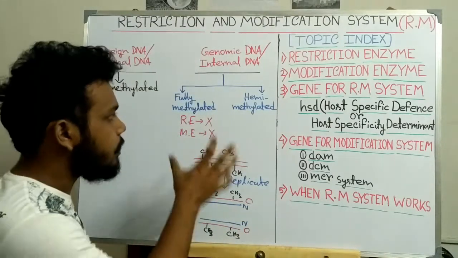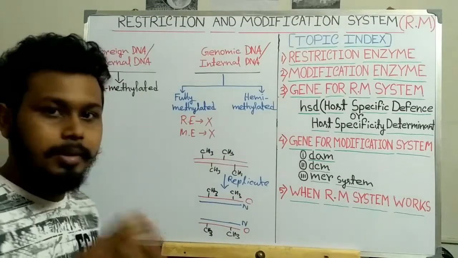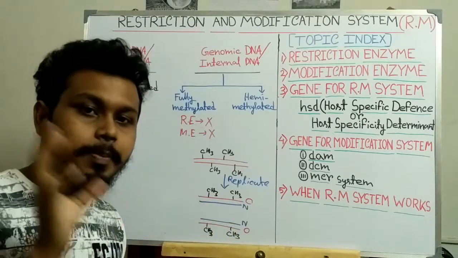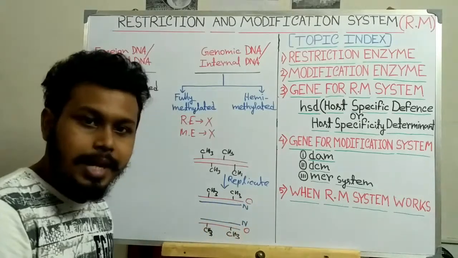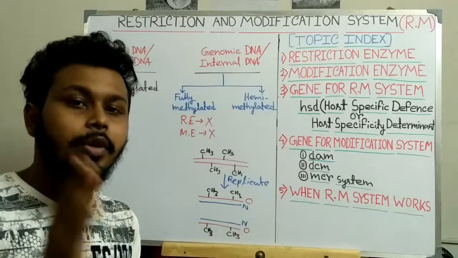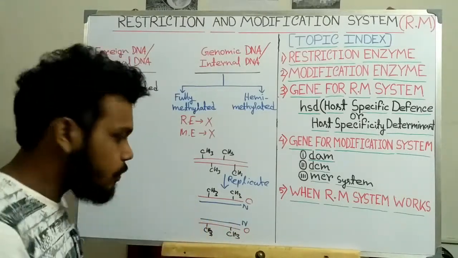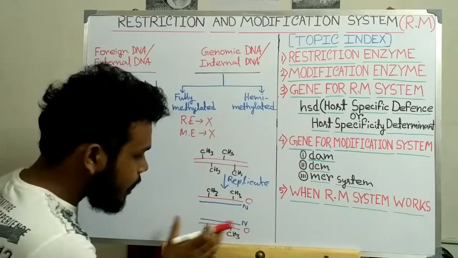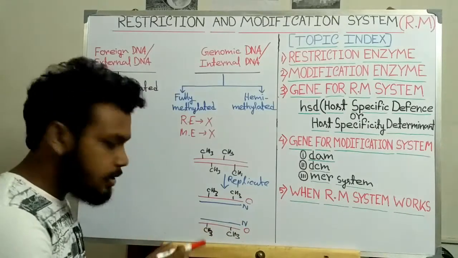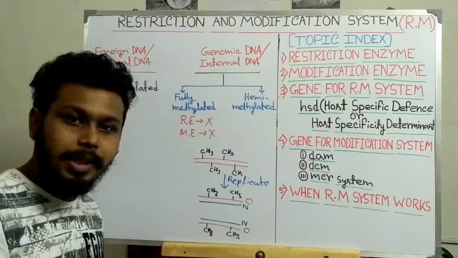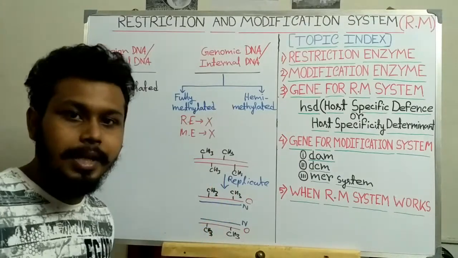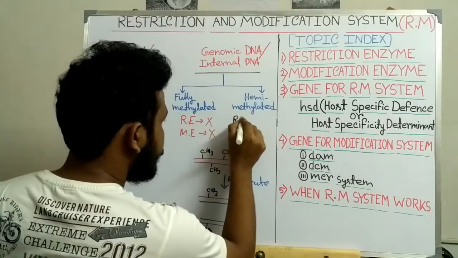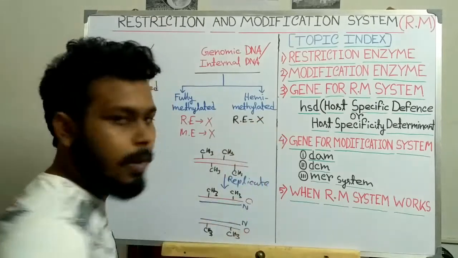Okay, and now when the restriction enzyme comes, the property of restriction enzyme is that if there is any modification present in either strand, then it cannot cleave that DNA. That's why when the restriction enzyme comes to the hemimethylated DNA, it encounters that one DNA strand is methylated, so it cannot cleave the DNA. Okay, so in hemimethylated DNA the restriction enzyme does not work.